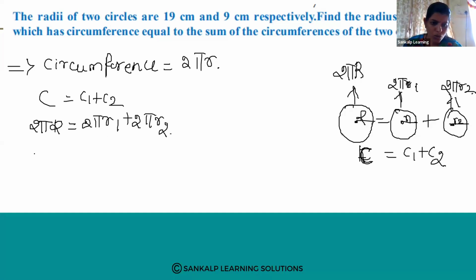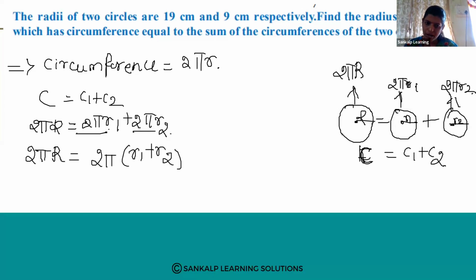Next. So 2 pi R is equal to, here also 2 pi is there and here also 2 pi is there. So I will take 2 pi common. What remains in the bracket? R1 plus R2. Yes. 2 pi and 2 pi will get cancelled. Okay. R is equal to R1 plus R2.